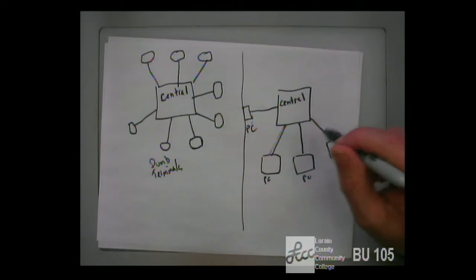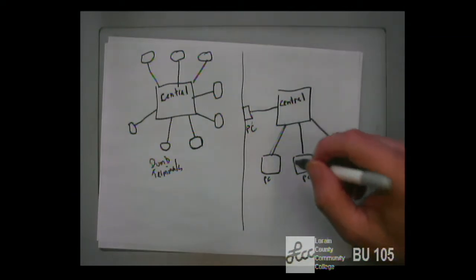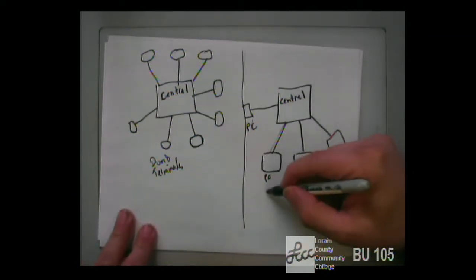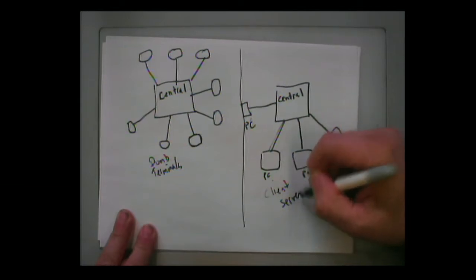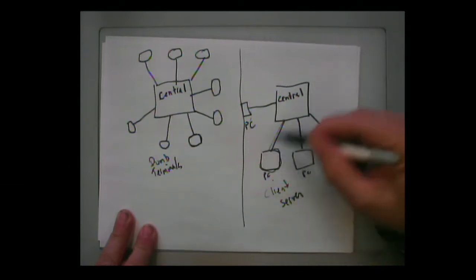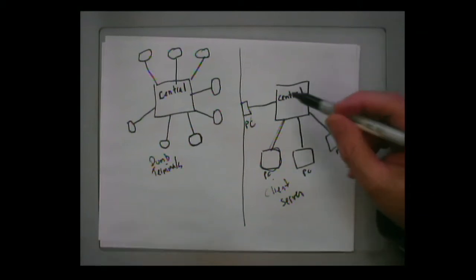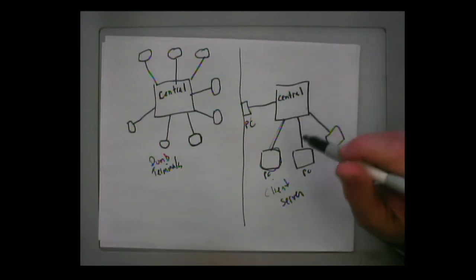The point is, over time, this kind of model is called a client-server model, where on both ends of the transaction you have computers. So you could do some of the work here, you could do some of the work there.